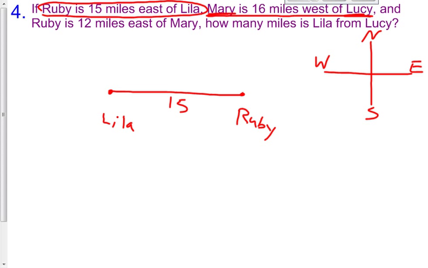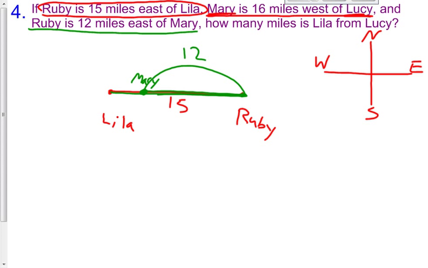So you're going to move on to this statement. Ruby is 12 miles east of Mary. Ruby, right here, is 12 miles east, that means to the right, of where Mary is. Well, we already have this distance as being 15. So if Ruby is 12 miles east of Mary, then maybe right about here is where Mary is. From here to here, this distance is 12 units.